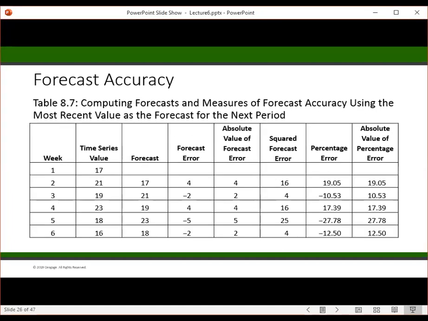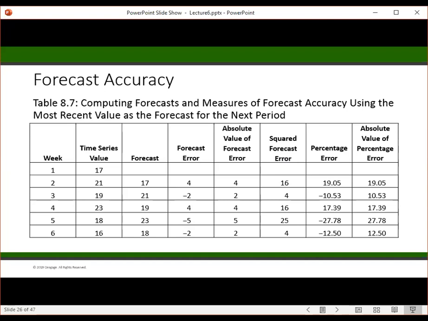So here's what we would get with the forecast prediction based on the time series that we see in the second column, time series value. The 17 from week 1 becomes our forecast for week 2. The actual value in week 2 is 21.